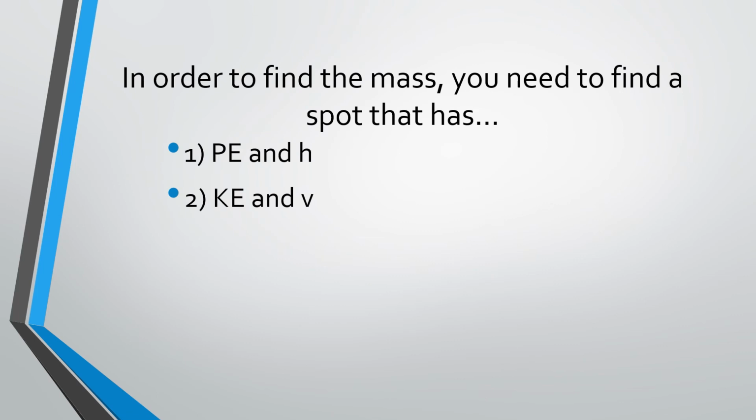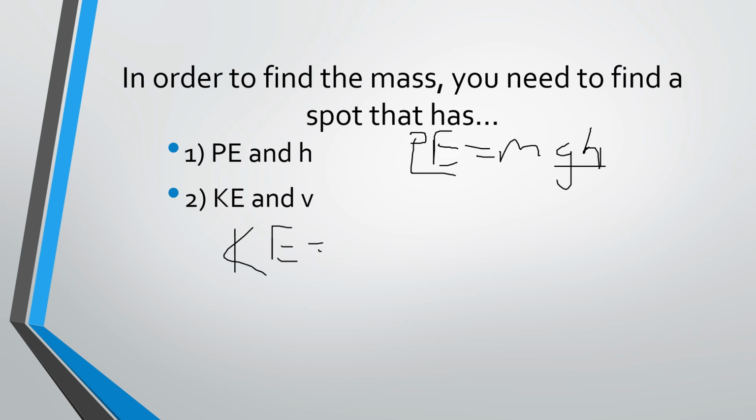Okay. If you want clear concrete steps, in order to find the mass, you need to find a spot that has potential energy and a height, or a spot that has a kinetic energy and a V. It's because if you think about the equations, you need to find things that pair together so that you know these two and can solve for the m.